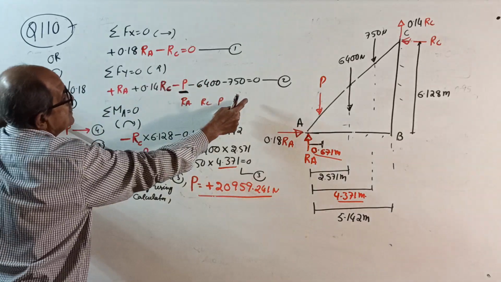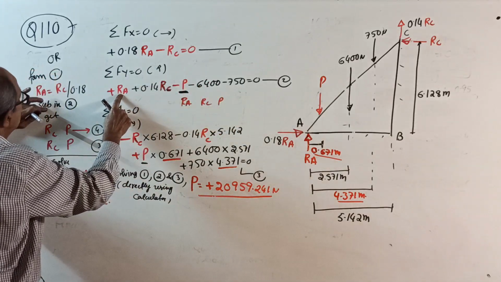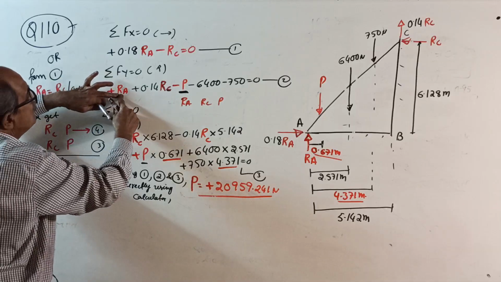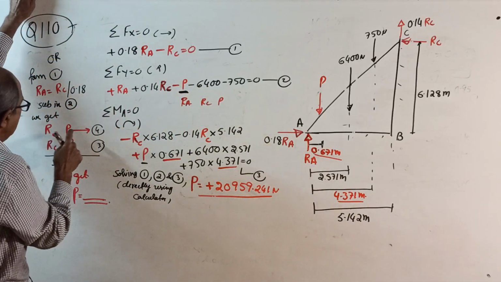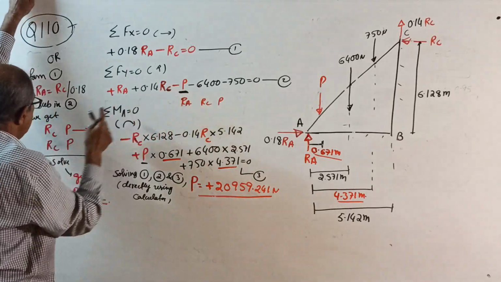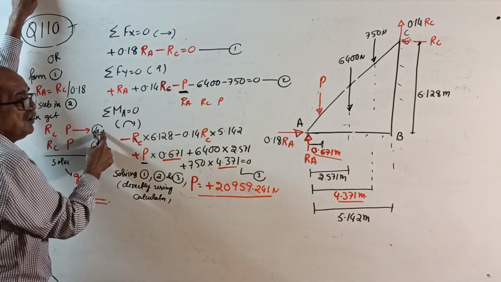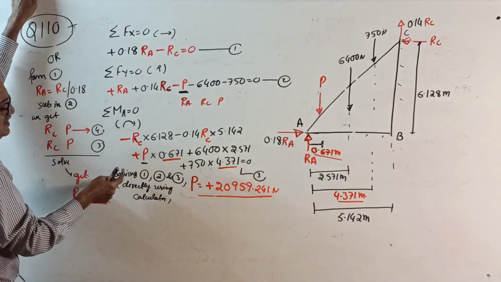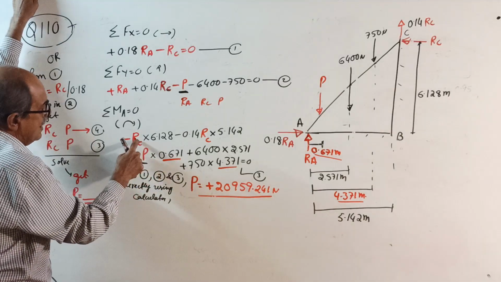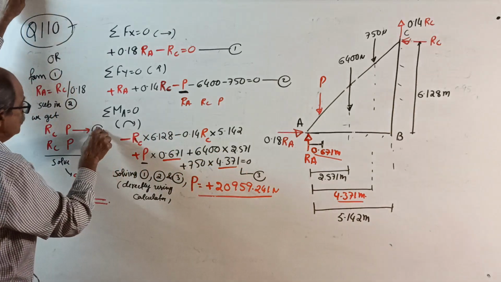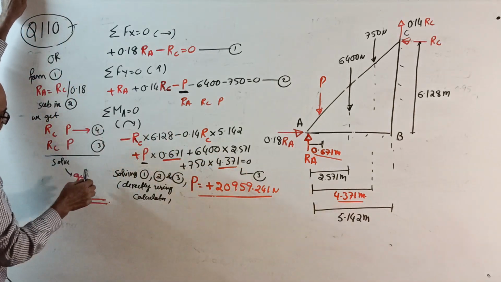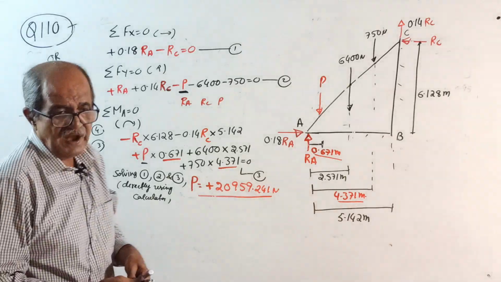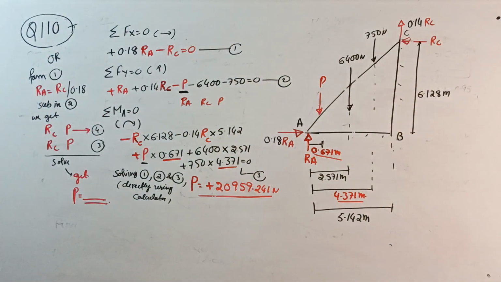Substitute that in equation 2, where RA comes. Simplify. In terms of RC and P, you get one equation, say equation number 4. Equation 3 is already in terms of RC and P. So use 4 and 3 and get the value of P. Solve that way also. We'll check the answer now.